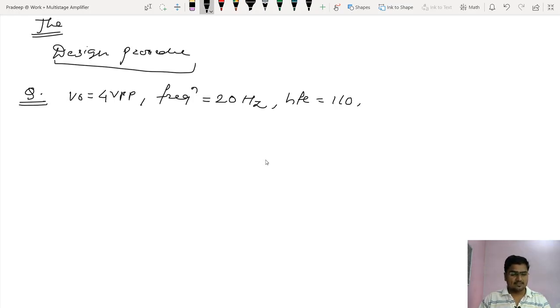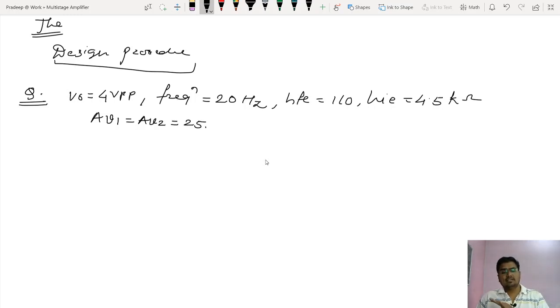Then hie for the transistor is also given, that is 4.5 kilo ohm. And the gain of each stage is 25, that is AV1 equals AV2 equals 25. They have mentioned the voltage gain for each stage of the amplifier.